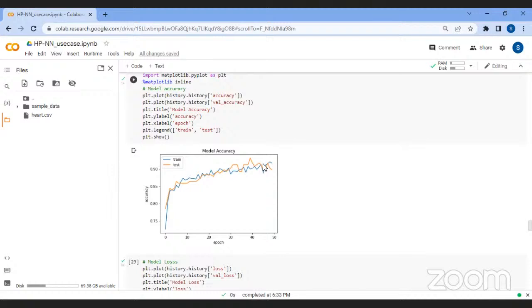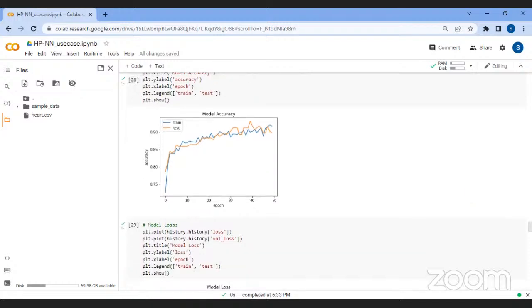We are using our neural network where the weights are being added and the learning rate is being applied, and the error is being reduced. Starting from epoch 0, when it reached epoch 50, the accuracy had almost reached 0.90.